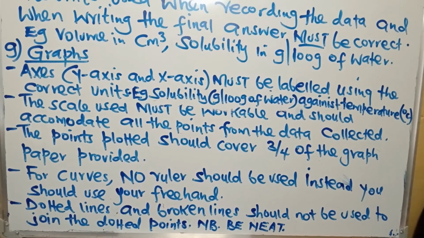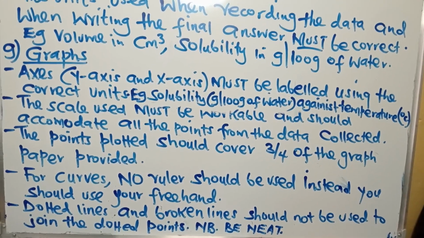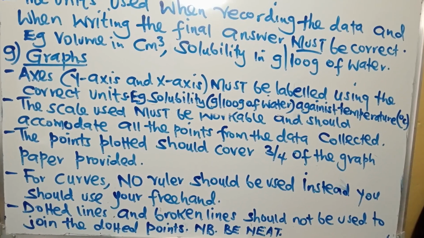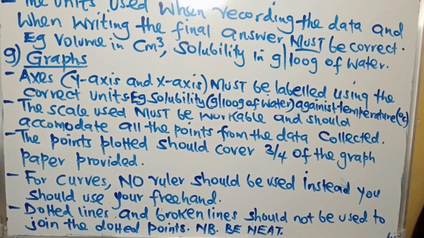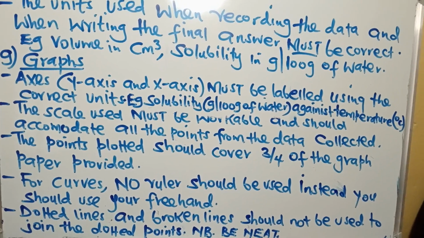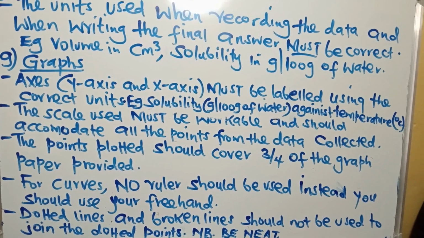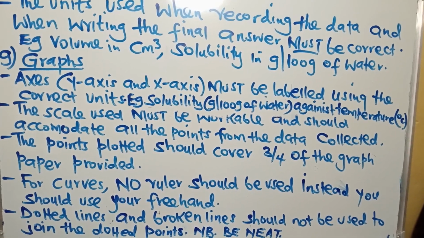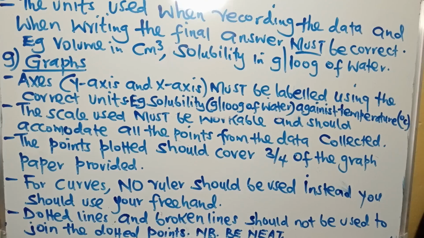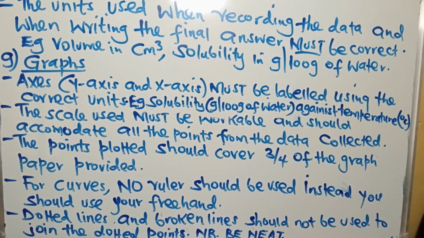The next point is that the points plotted should cover 3/4 of the graph paper provided. During KCSE exam, paper 3 chemistry, we are usually provided with an A4 size of a graph paper. So that is enough space for you to draw the graph. Sometimes you see students drawing a graph that fits a half of the graph paper.